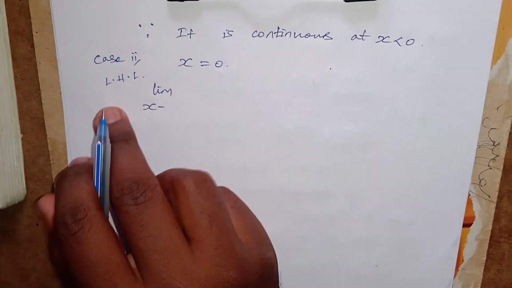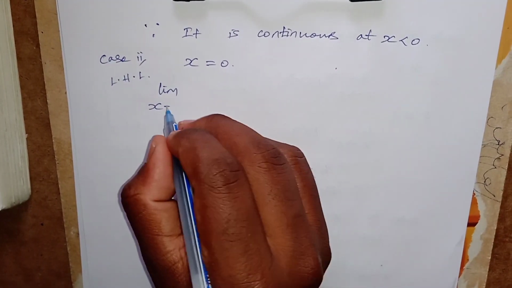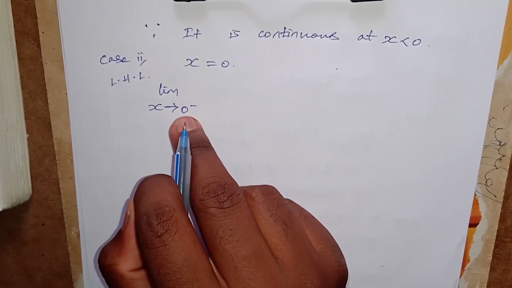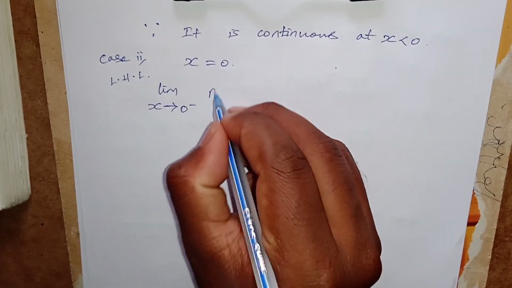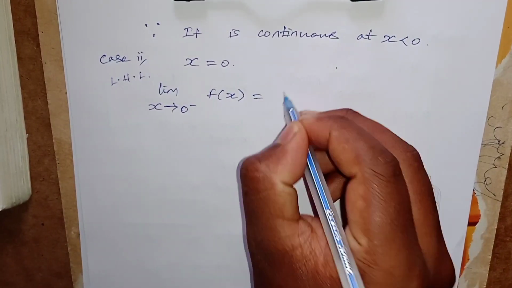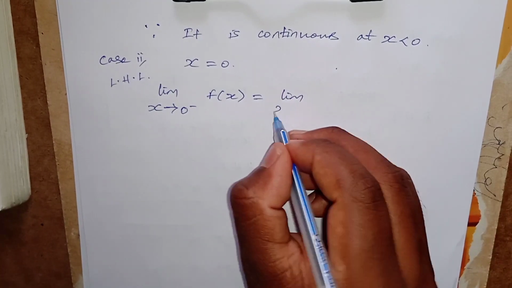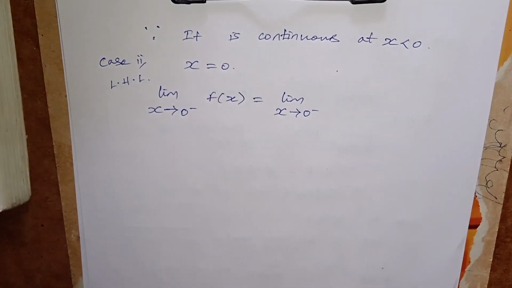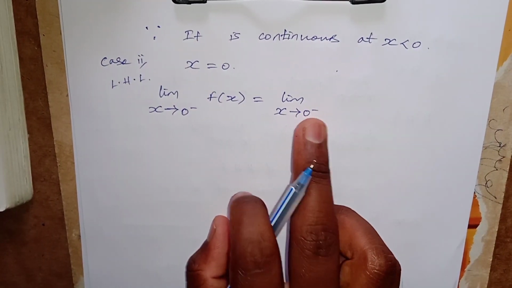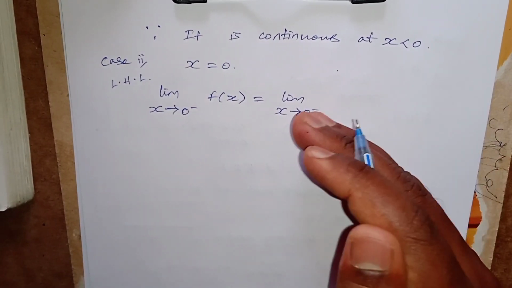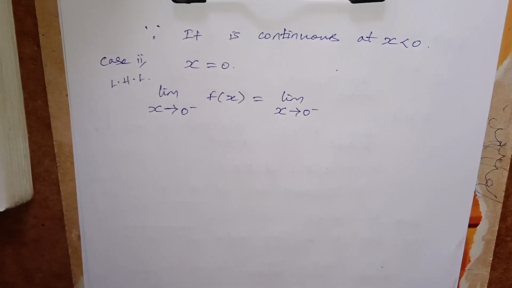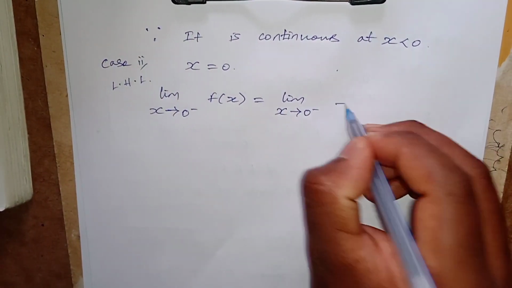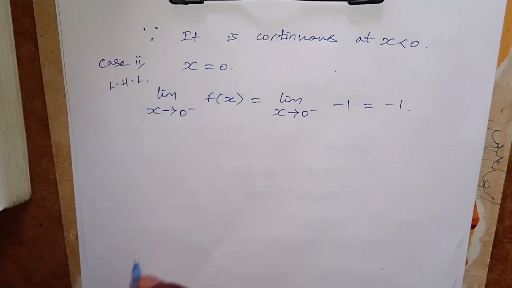First, the left hand limit: limit x tends to 0 minus of f of x. For the left hand limit you take values less than 0, and for less than 0 my function is minus 1, therefore minus 1.